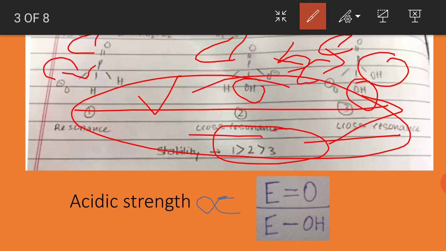So for these molecules, for our convenience, we can say acidic strength is proportional to E double bond O divided by E single bond OH. That means the more the E double bond O, the stronger the acid, and the fewer the E single bond OH, the more the acidic strength. Simply, this formula says that.